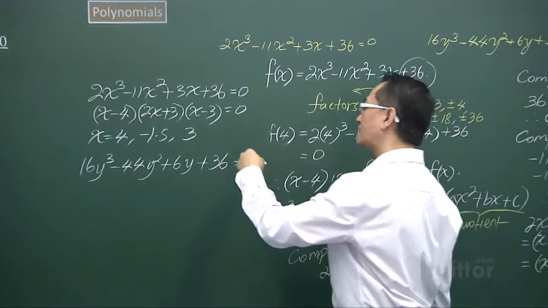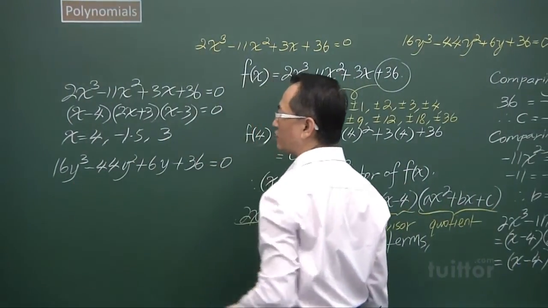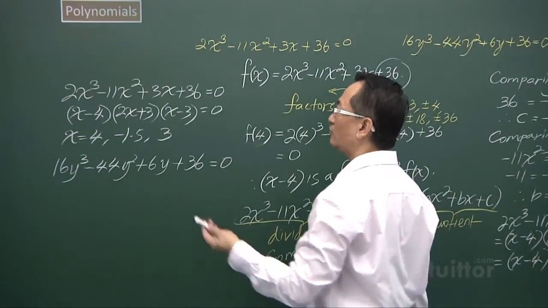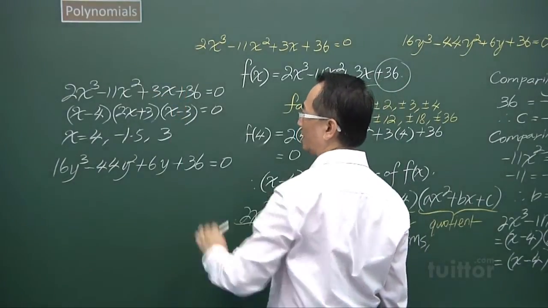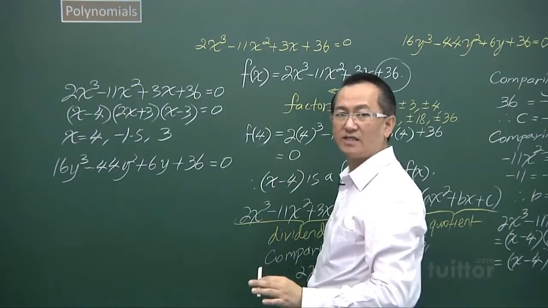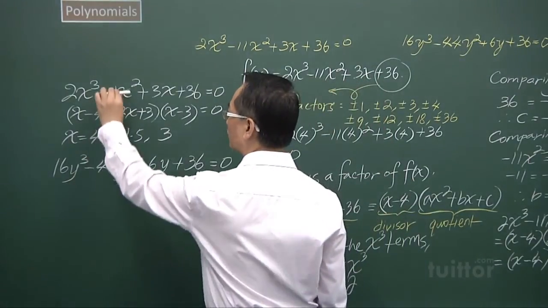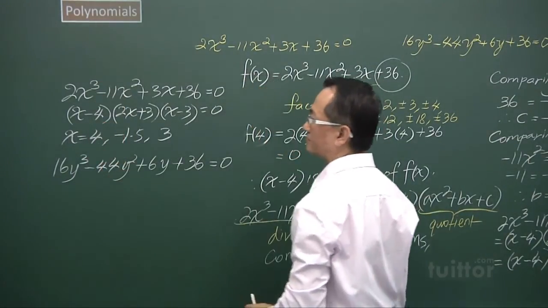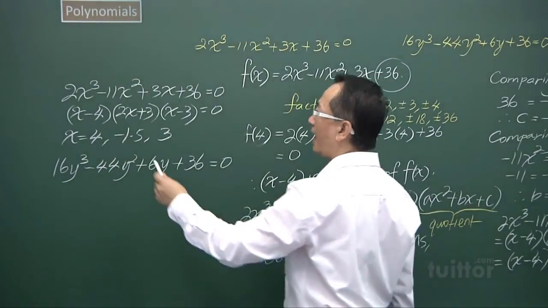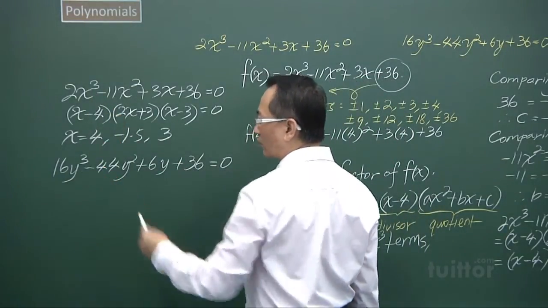But we should not solve this from scratch. It should be to build on what we have found from here. So the thing is to make connection of the two cubic equations to see how x is related to y.